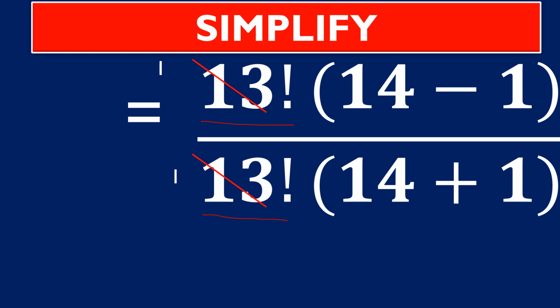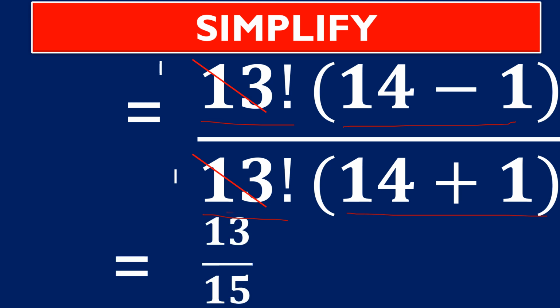And if you look at the denominator, you have 14 plus 1, and 14 plus 1 is 15. Therefore, our simplified form of this expression will be 13 divided by 15. And that clearly is the simplified form of our initial factorial expression. So our answer is 13 over 15.